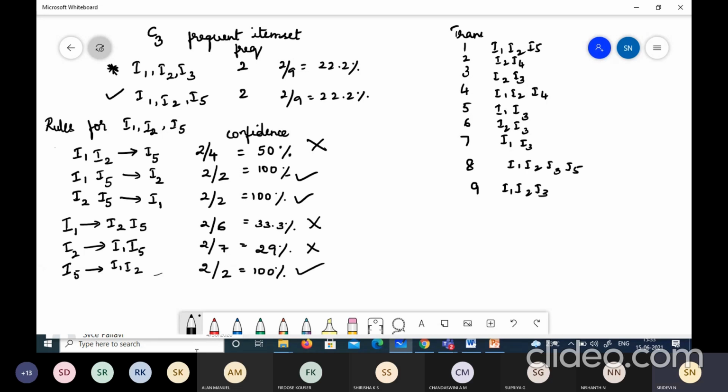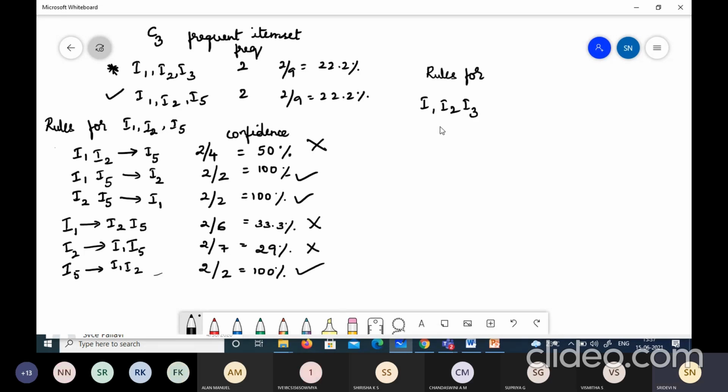Okay, any doubts with this problem? For I1, I2, I3, we can form these rules. The person who buys I1, I2 tends to buy I3, and the person who buys I1, I3 tends to buy I2, and then I2, I3 tends to buy I1.